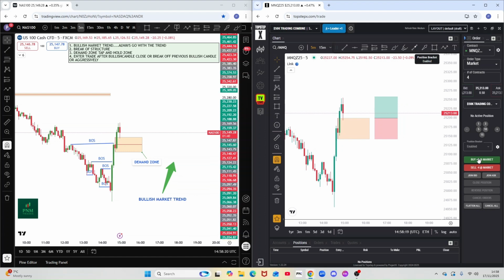I'll hold 2 minutes. Just waiting a bit more to see how the candle prints, because we have a whole 1.5 minutes left.